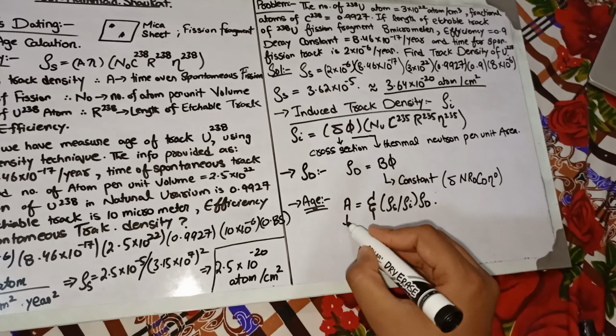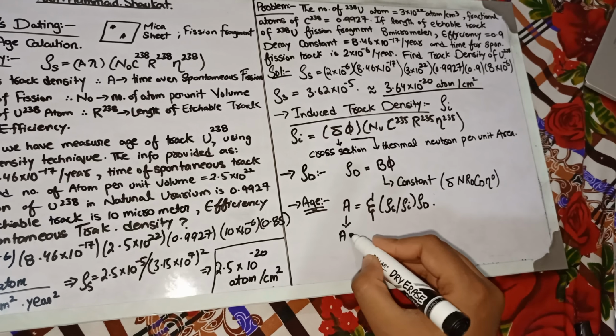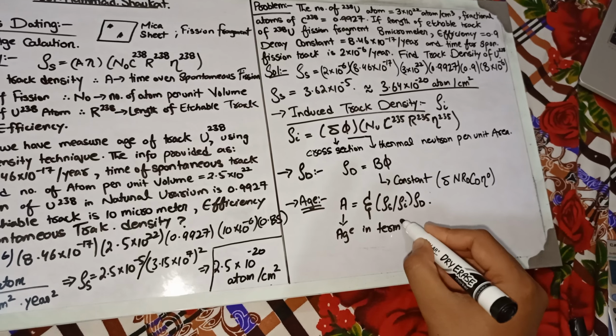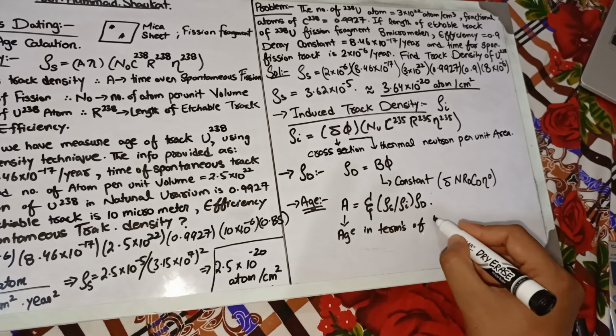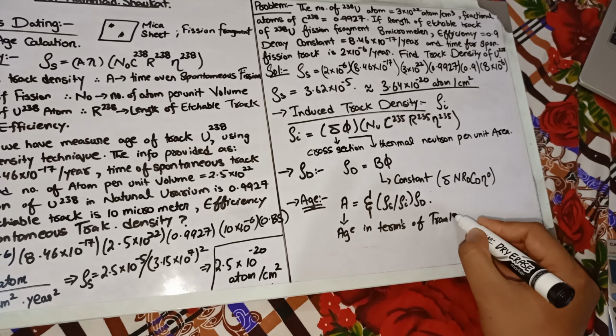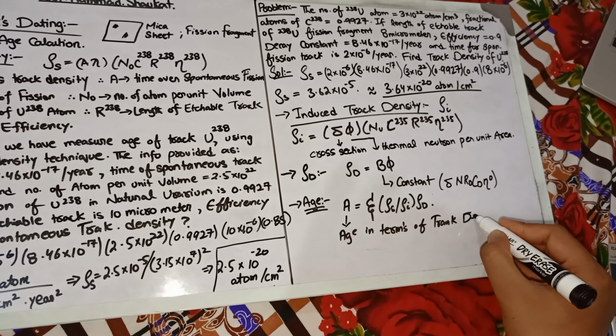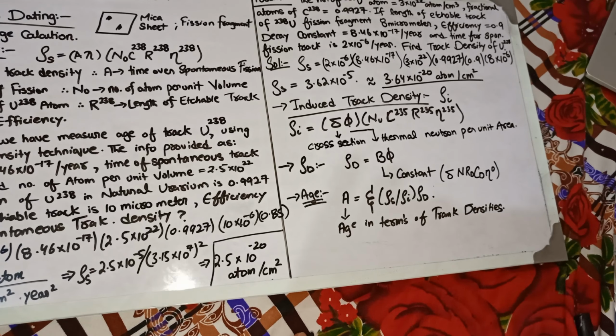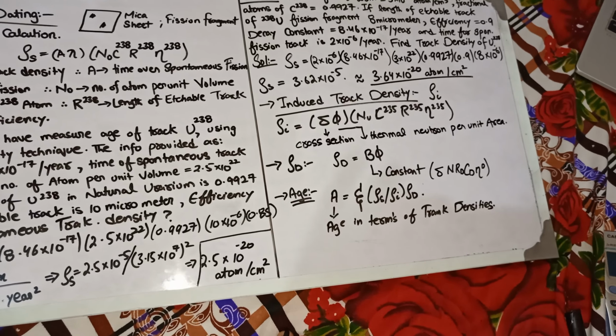This A is basically the age in terms of track densities. Understood?